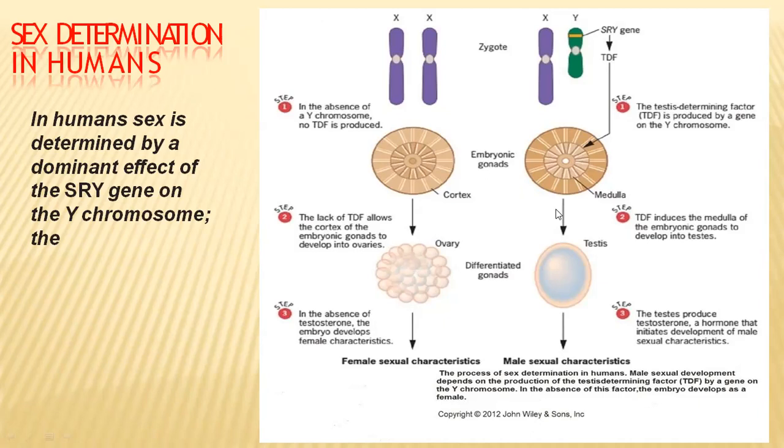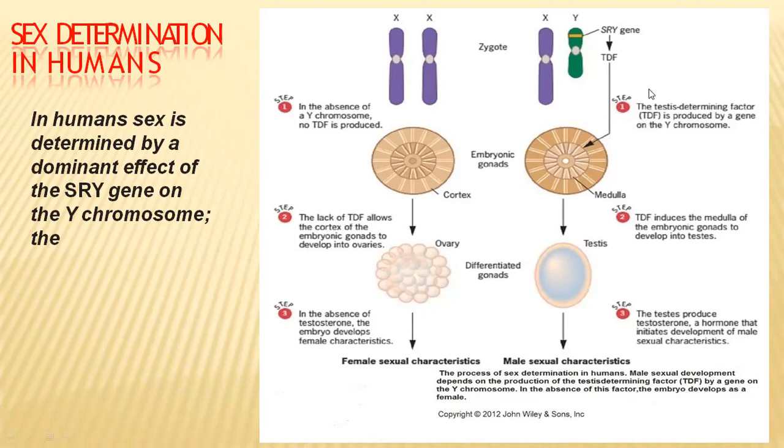If by any chance we control the production of TDF in male embryos, they will fail to convert into testes, and they will also develop just like ovaries. So it is very, very important to make the primary gonad into a testis.